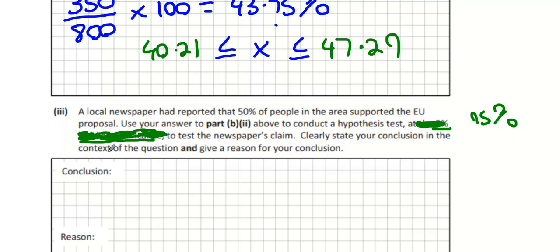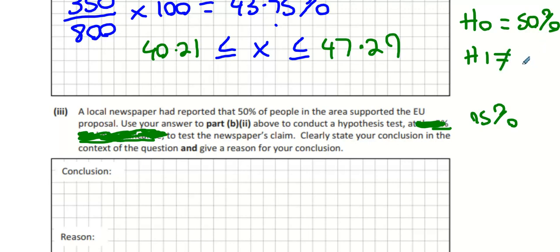It doesn't ask us to state H0 and H1, does it? H0 would be that 50% of people support the EU's decision to change daylight savings time.